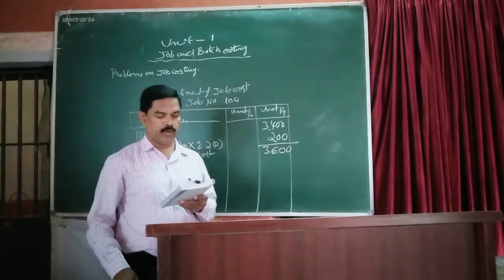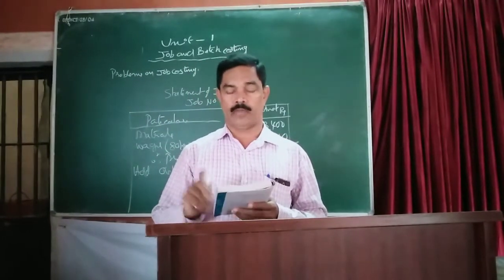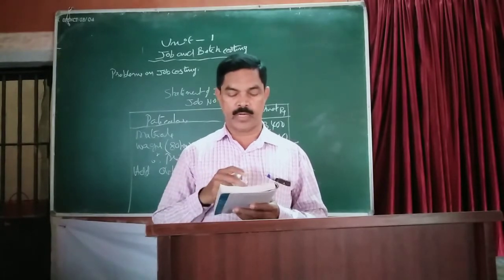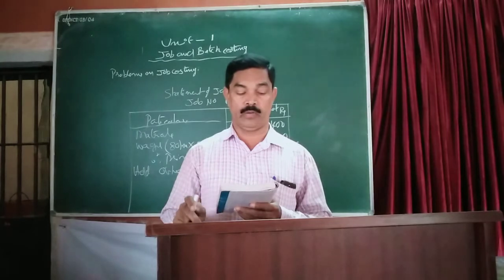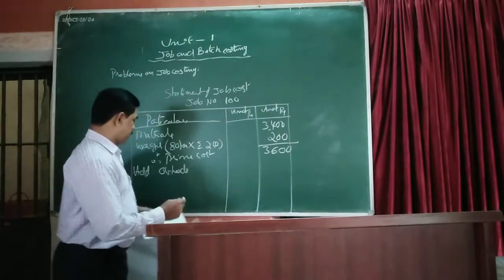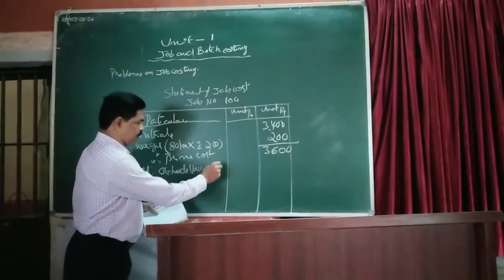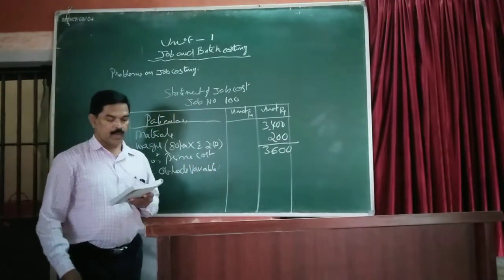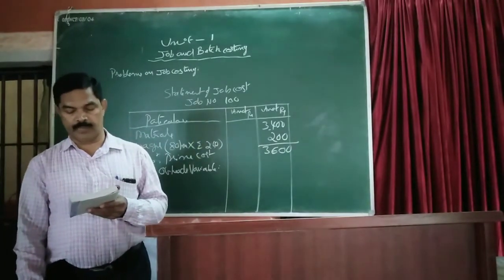Here variable overheads for all the jobs are given. Overheads like factory overhead, selling and distribution overhead, or office overheads are not given separately. Total variable overheads are given, for all jobs rupees 5,000 for 4,000 labor hours.